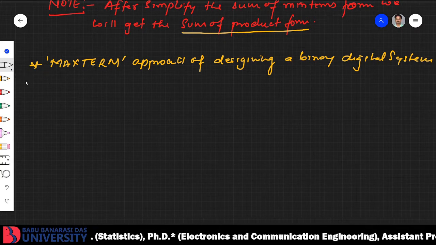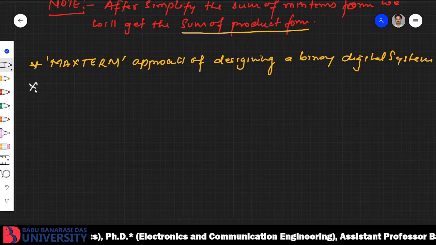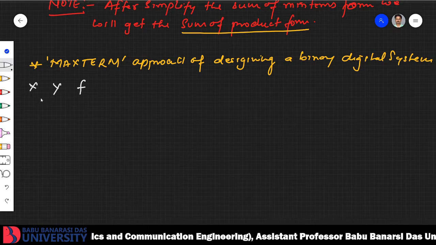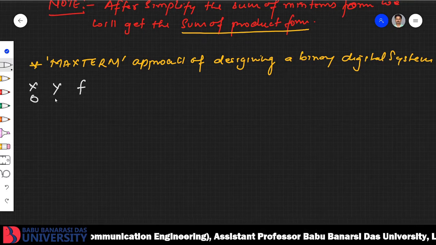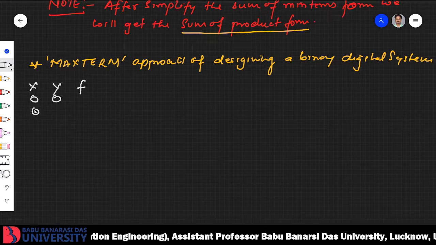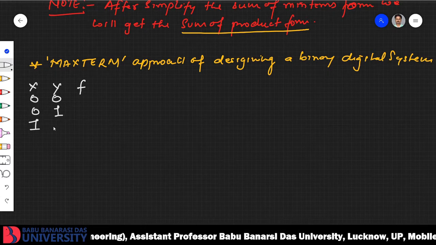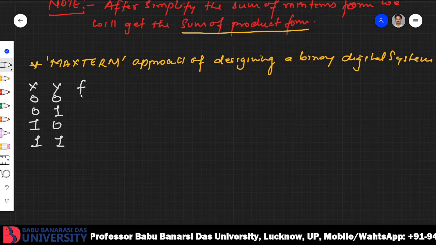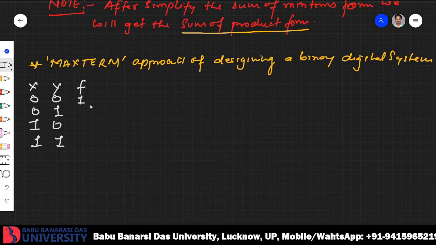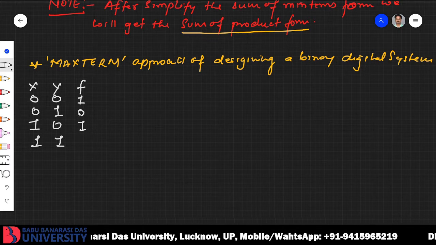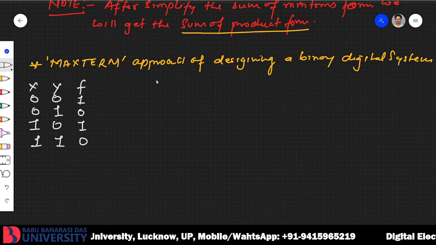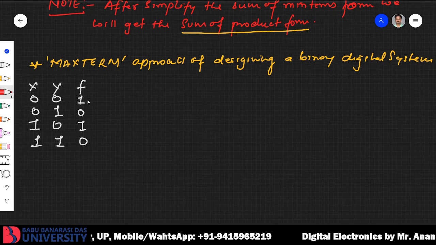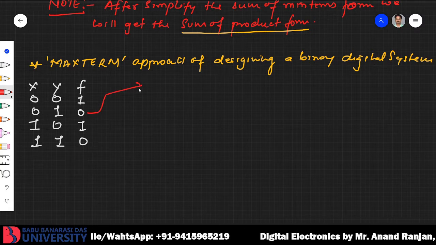Again, we are taking the same example with the two variables x and y and the output function represented by f. With this we have the combinations 0 0, 0 1, 1 0, 1 1. The even and odd conditions mean 1 for the even and 0 for the odd combination. So now we are going to write the function for 0 this time.